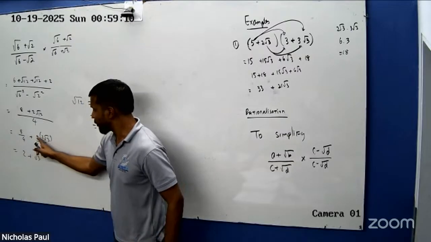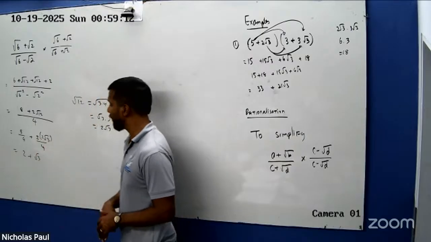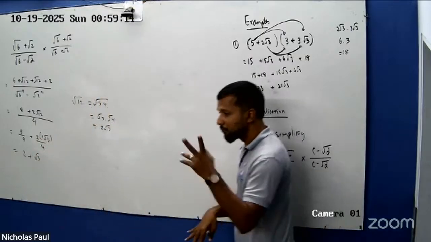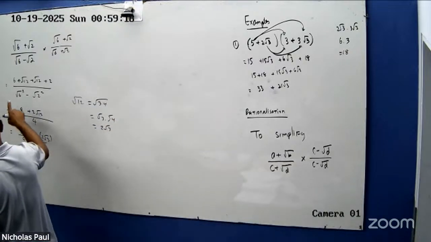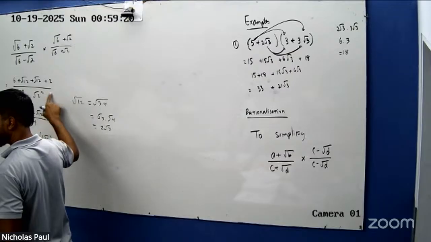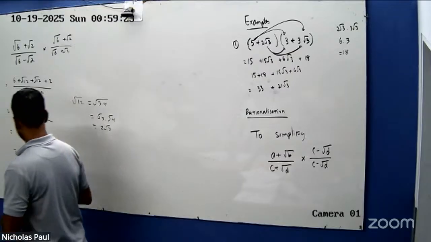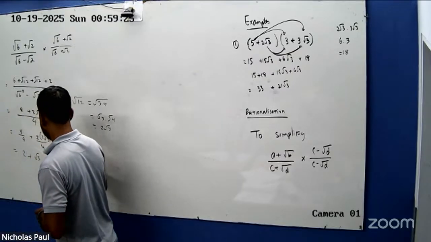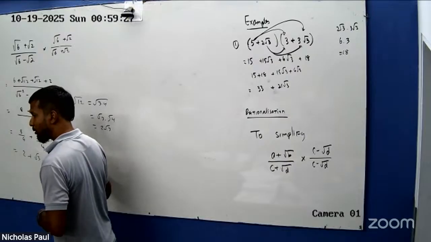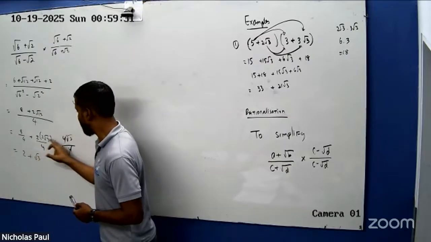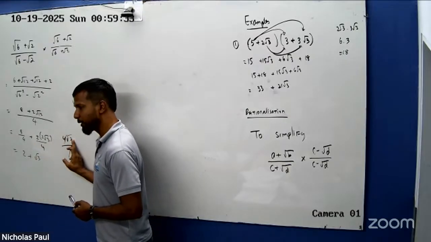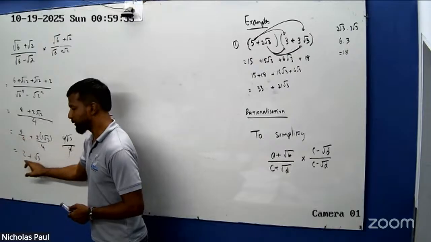No, it's just 2 by 2 alone. Then no cancel. So 2 by 2 is 4. The 4 will cancel, and you'll get root 3, 8 over 2. Right?